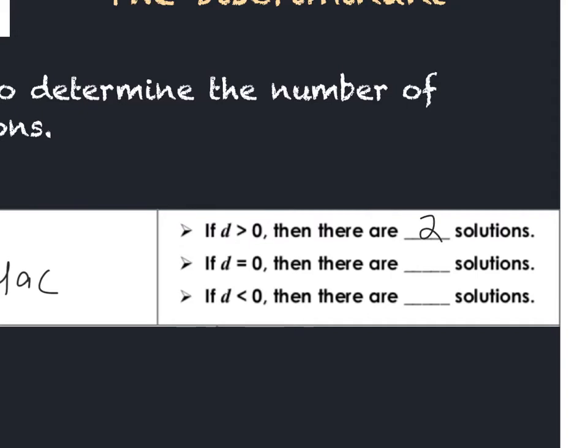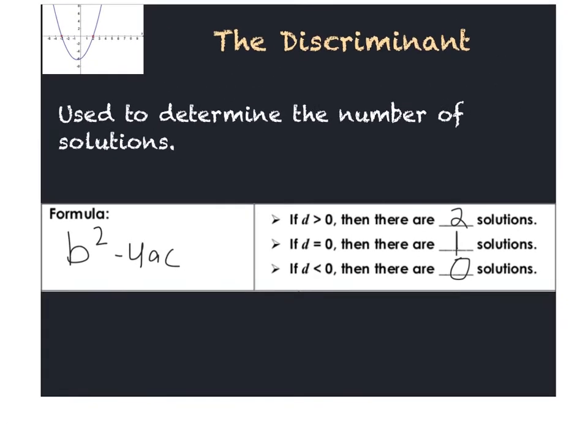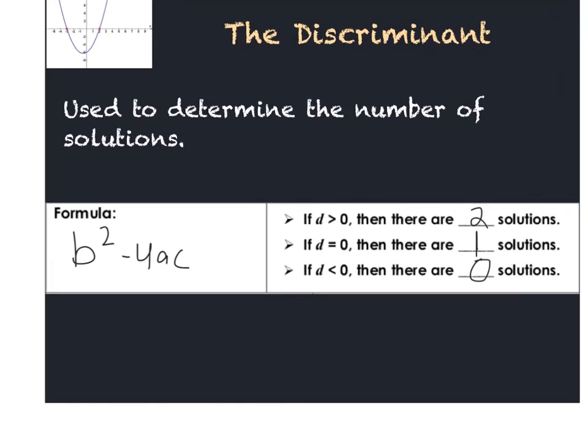If your discriminant is exactly 0, that means there's only going to be 1 solution. That means the vertex is going to be the x-intercept. And if the discriminant is a negative number, if it's less than 0, that means there are 0 solutions. And this is the formula. Make sure you copy that formula down.